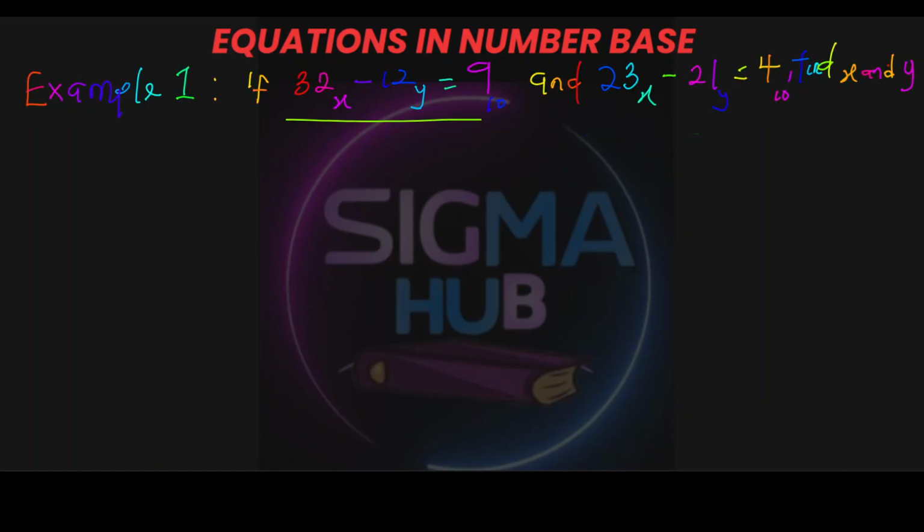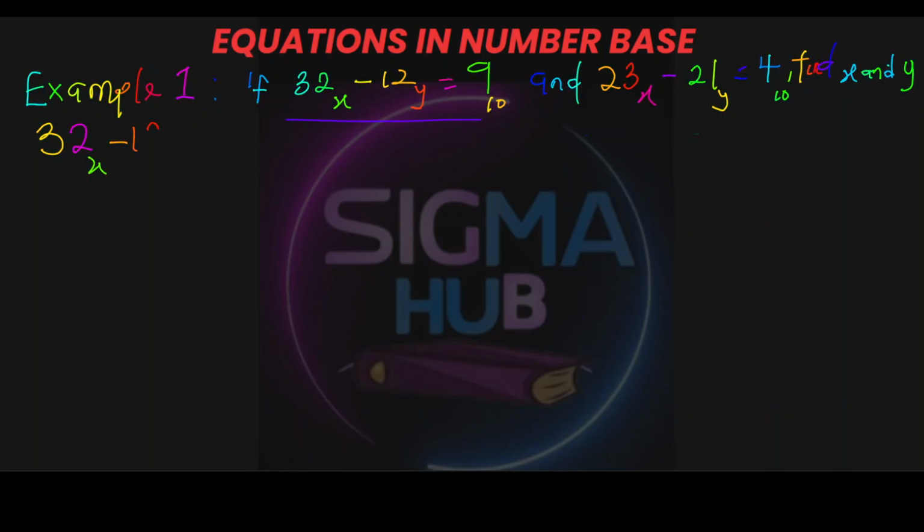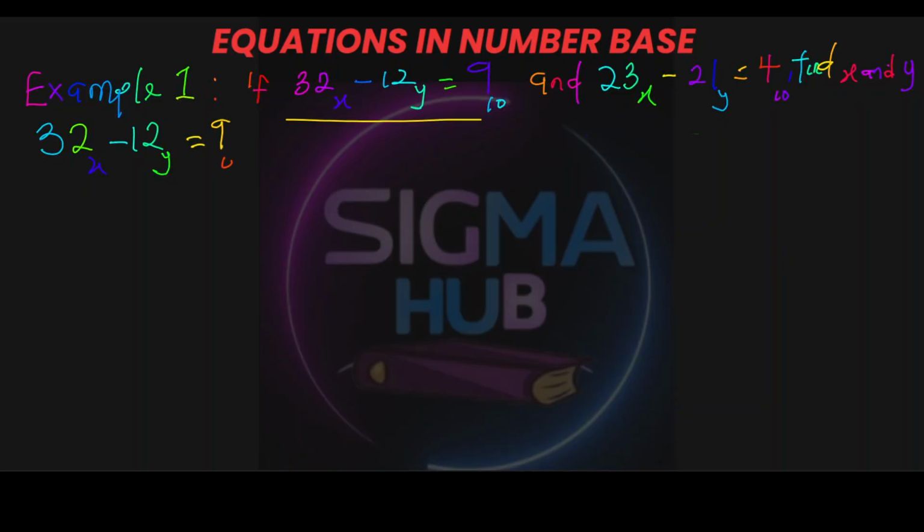So we're going to be using the first equation given to us, which is 32 base x minus 12 base y equal to 9 in base 10. So let's convert this to base 10.